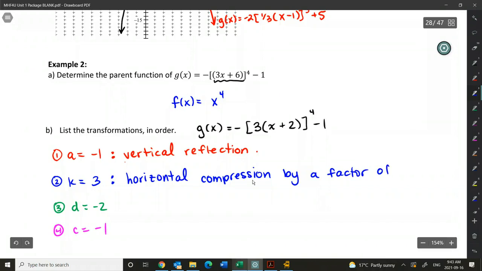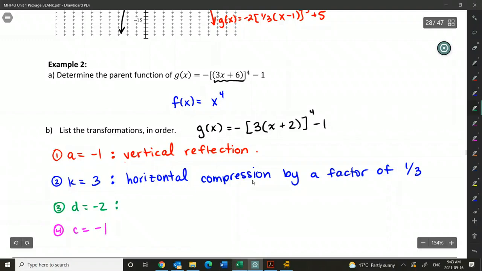By a factor of the reciprocal. We use the reciprocal, so 1/3. So if I'm saying compression, I'm always going to be saying by a factor of something in between 0 and 1 or a -1 and 0 value. If I say stretch, I'm always going to be saying horizontal stretch or vertical stretch by a factor of something that is greater than 1 or less than -1.